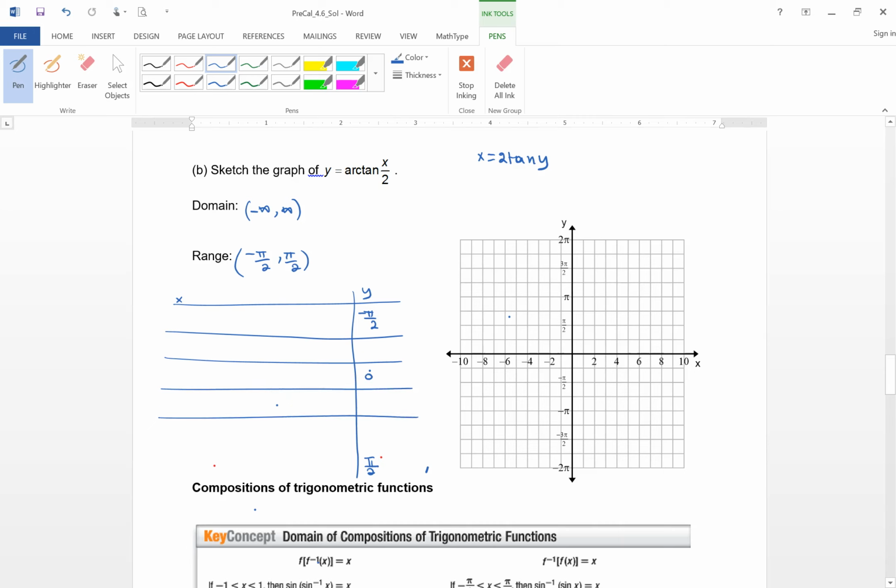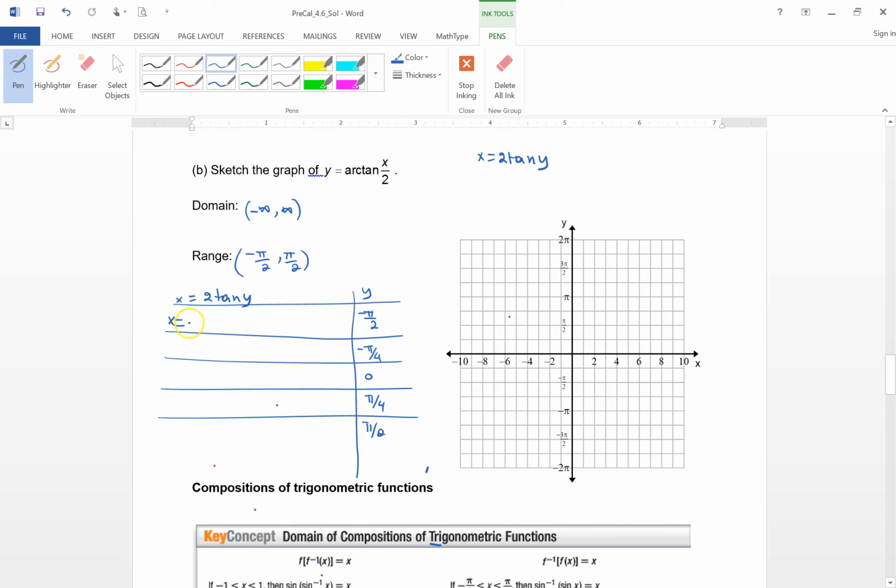This is 0. This is negative pi over 4. This is positive pi over 4. And here we have our pi over 2. All right, so x is equal to 2 tangent y.